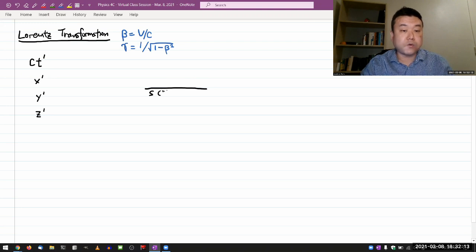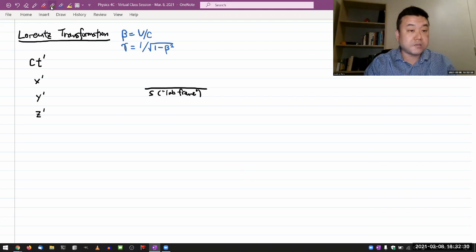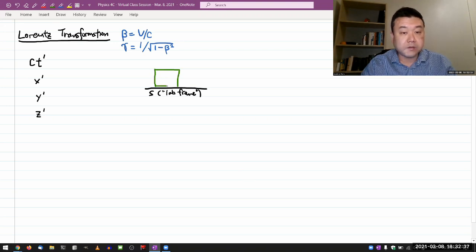You might call this the lab frame, or what you maybe think of as the rest frame. And you can think of a second inertial reference frame. It's inertial in that it's not accelerating. It's moving at some constant speed. This other inertial reference frame could be defined by a vehicle or something that's moving at some speed beta c relative to the lab frame, and this would be our primed coordinate system.